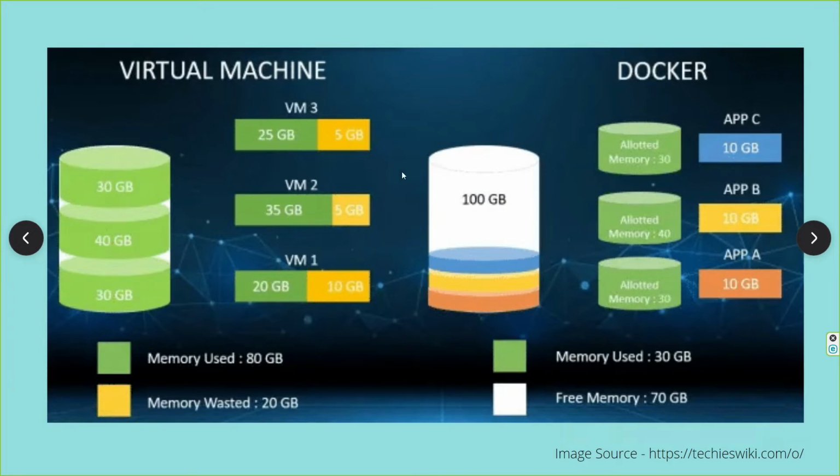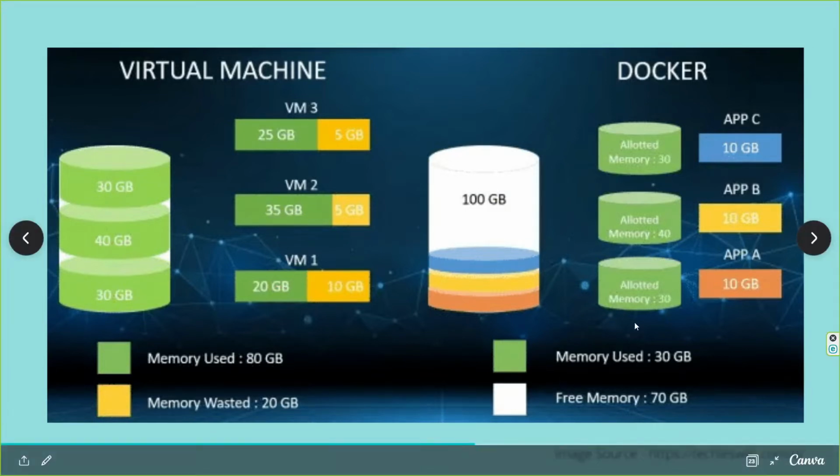So the first difference between Docker and virtual machine that we can identify here is memory usage. Virtual machines are using more memory than Docker. That is the first difference.